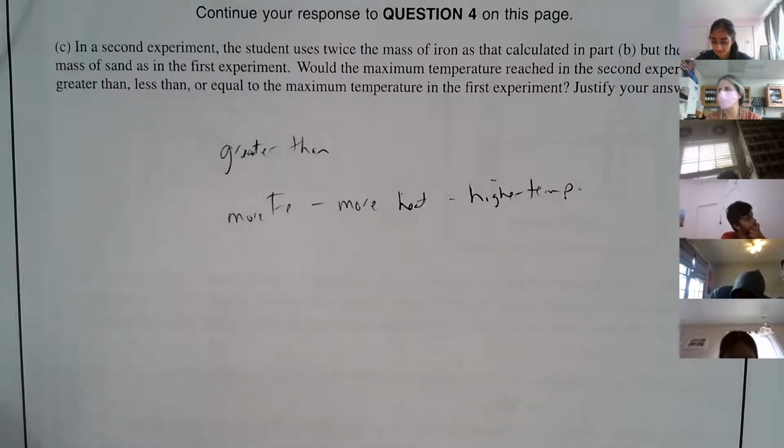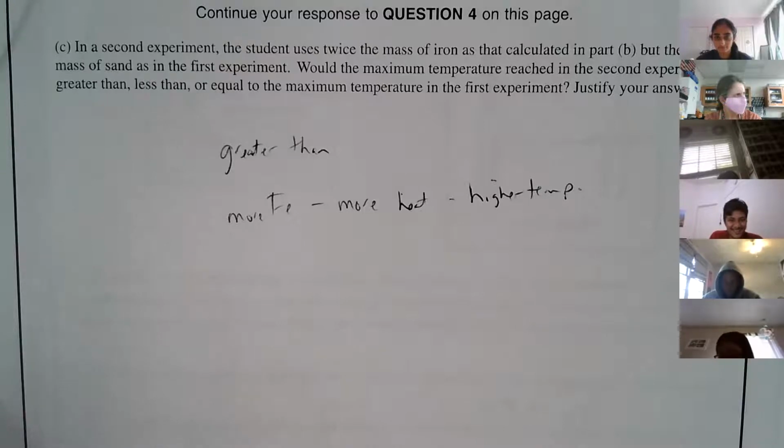All right, me and Kevin are going to have a little discussion later. I don't know what you're talking about. Why would it be lower? You have more iron. Yes, it is mass dependent. It's joules per gram degree Celsius. You're thinking of heat capacity, you're not thinking of specific heat capacity.